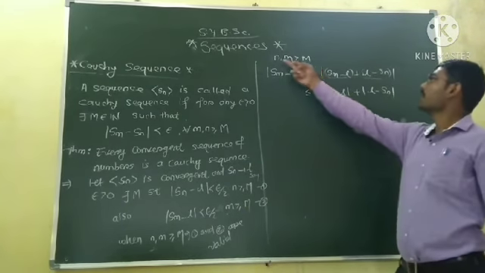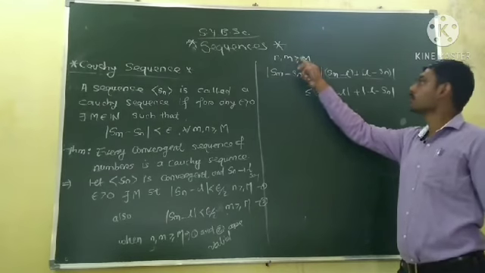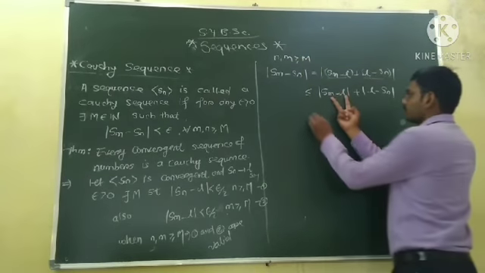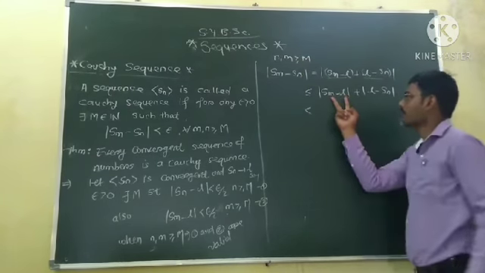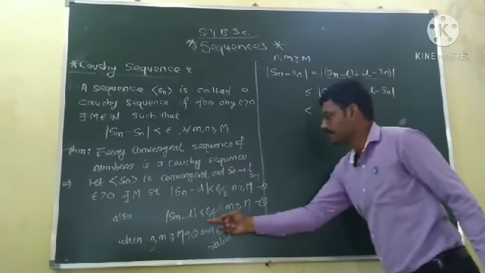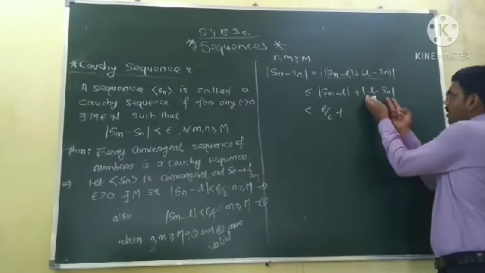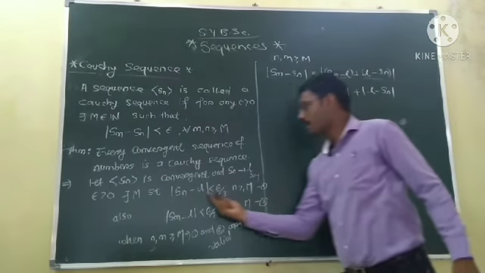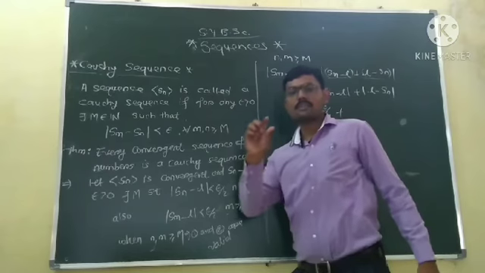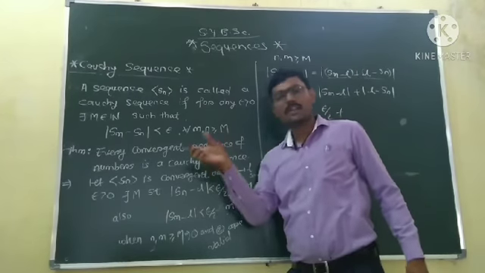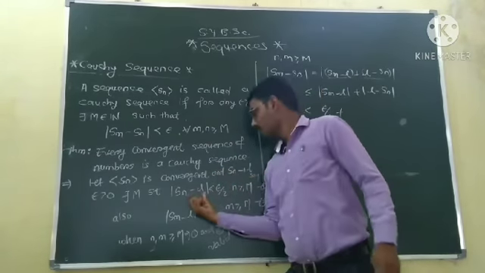So whenever n is greater or equal to M and m is greater or equal to this capital M, this difference, mod of Sm minus L, is less than epsilon by 2. Also this difference, mod of L minus Sn or mod of Sn minus L, which are the same, is less than epsilon by 2.